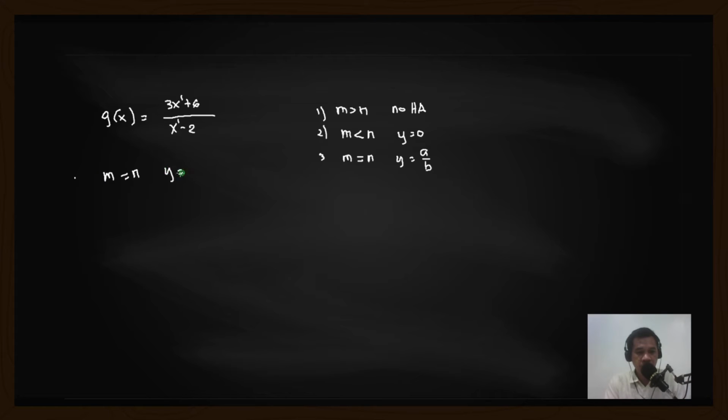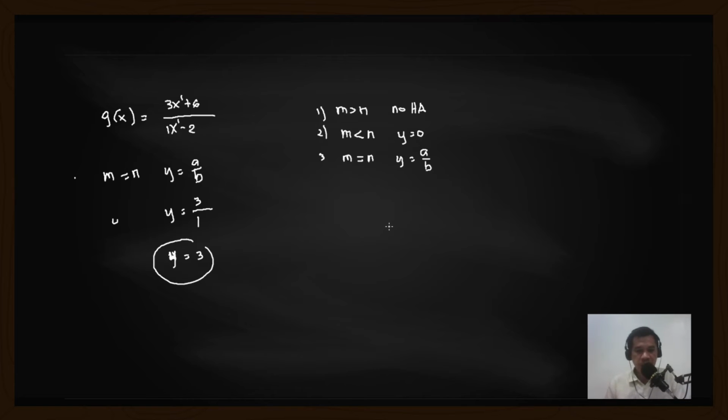So we have now y is equal to a over b. The leading coefficient in the numerator is 3, and in the denominator we have 1. It is understood that the coefficient is 1. So simplifying, we have y is equal to 3. So our horizontal asymptote is at y is equal to 3.